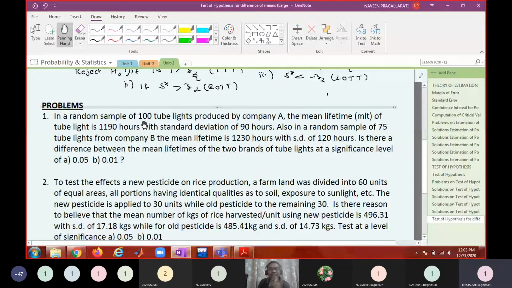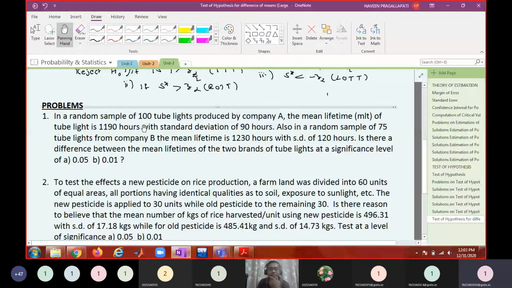Is this 100 population or sample? Sample. So a sample's average is called the sample mean, no? X1 bar, or you may say XA bar. A refers to company A. Is that clear?